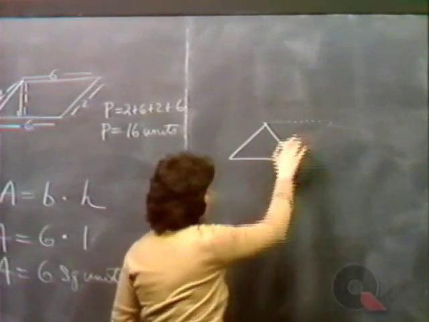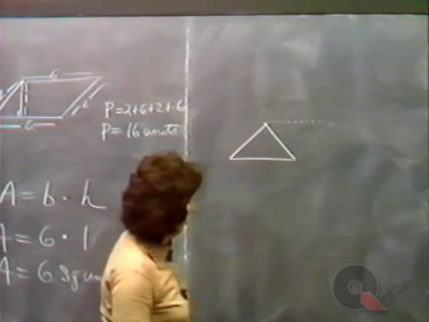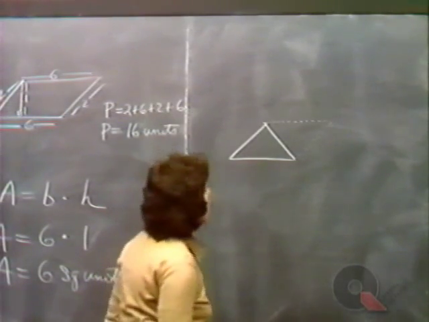These two triangles, which are congruent to each other, put together like this, form a parallelogram. It's not too hard to show that.